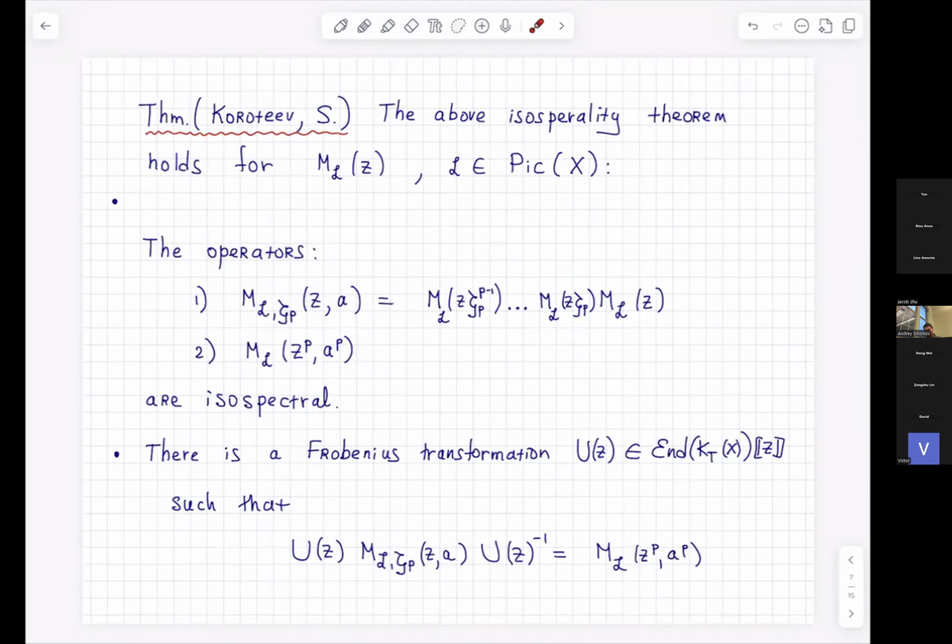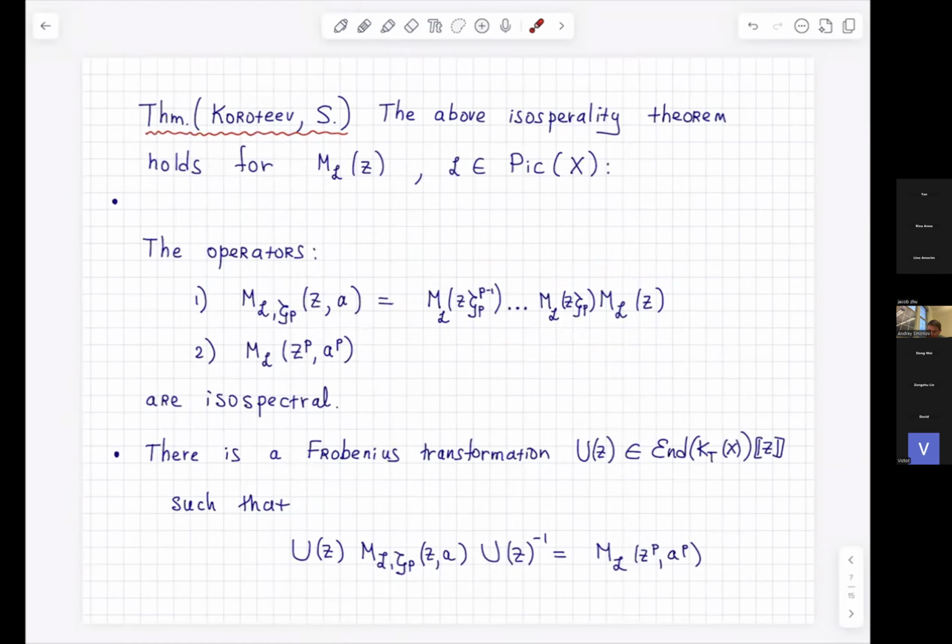And moreover, we will show that there exists a transformation, which may be called Frobenius transformation. It's an operator acting on K-theory, which conjugates one of these operators to the other. And again, the good name for it is maybe a quantum version of Adams operations.